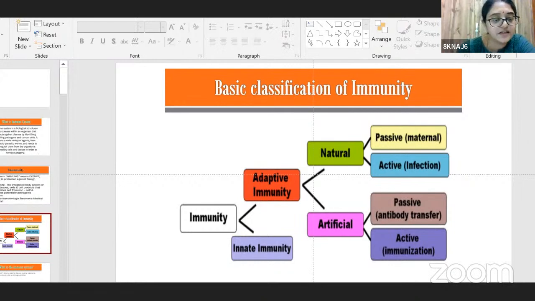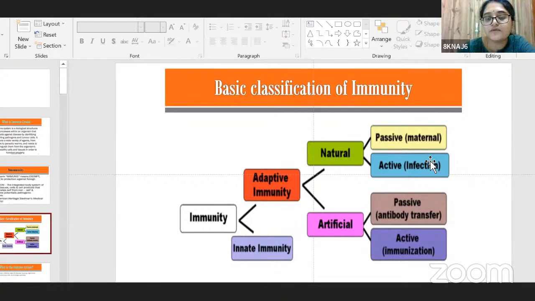Adaptive immunity is again natural, and in this you have passive immunity, that is you're getting it from your mother, the maternal. Active means it is from infection. You're exposed to the flu virus, and the immunity that is developed because of this is known as active immunity. And again you have artificial.